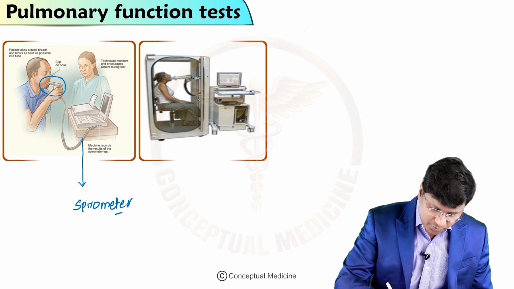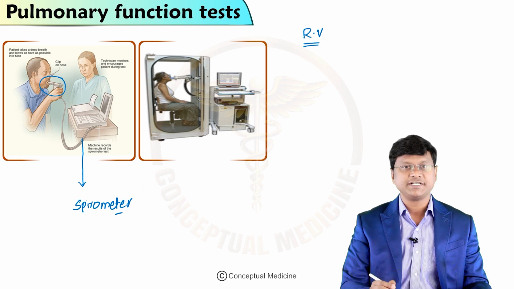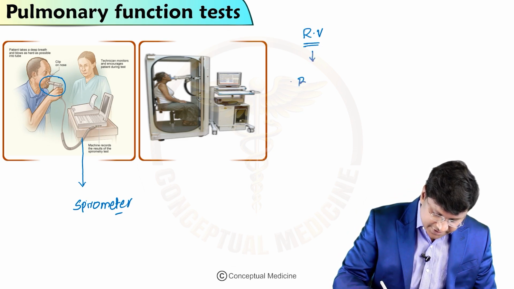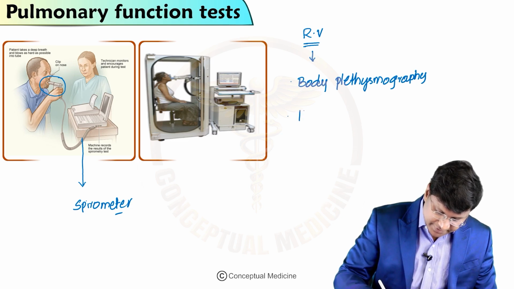Then how is the residual volume measured? Residual volume is measured by body plethysmography, and it can also be measured by the helium dilution method, and by the nitrogen washout method.